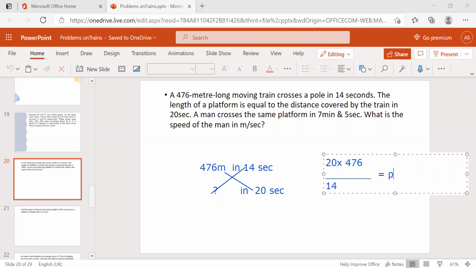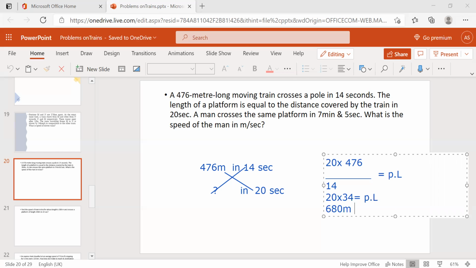After cancellation, 14 threes are 42, and 14 fours are 56, so 14 times 34 is 476. So 20 into 34 equals PL, where PL is the platform length. 34 into 2 is 68, so 680 meters is the platform length. 680 meters is the platform length.